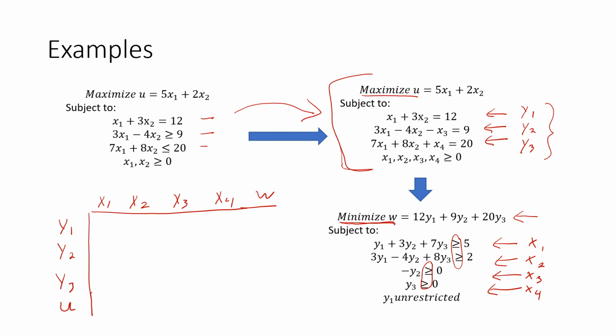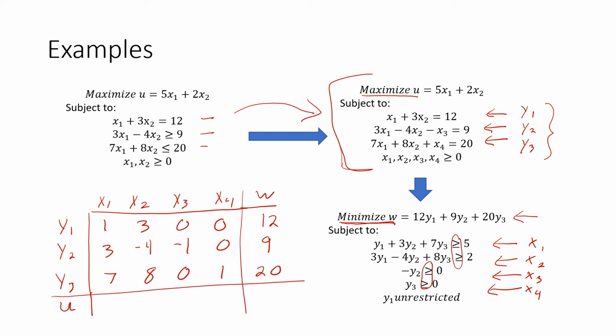So what do we have? For our Y1 constraint, we have 1, 3, 0, 0, and our number on the right-hand side is 12. For our Y2, we have 3, -4, -1, 0, and 9. For our Y3 equation, we have 7, 8, 0, 1, and 20. Then the U is our objective function, which has a 5, 2, 0, 0, and then don't worry about that.